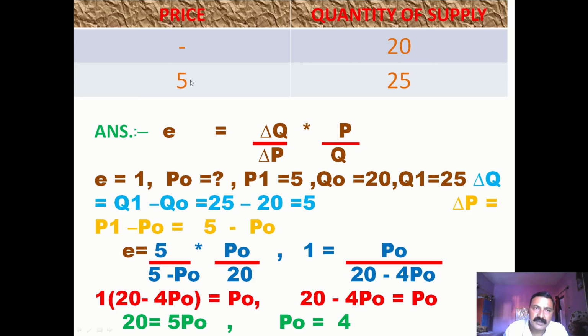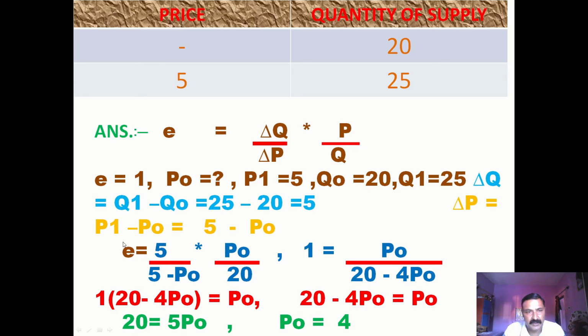So we will subtract the unknown quantity from 5. So it gives the value 5 minus P0. We have to find the P0 value, and it gives 5 minus P0. When we put the values in the question, it gives 5 upon 5 minus P0 into P0 upon 20.